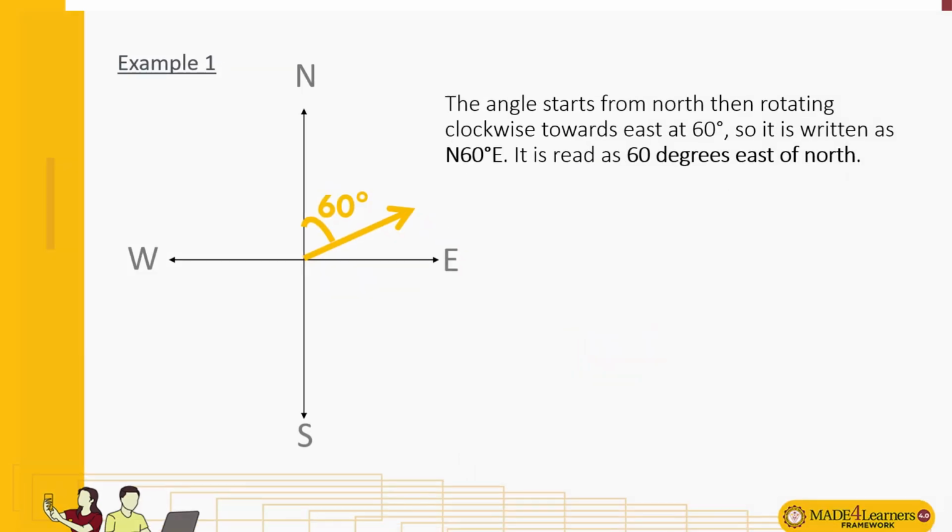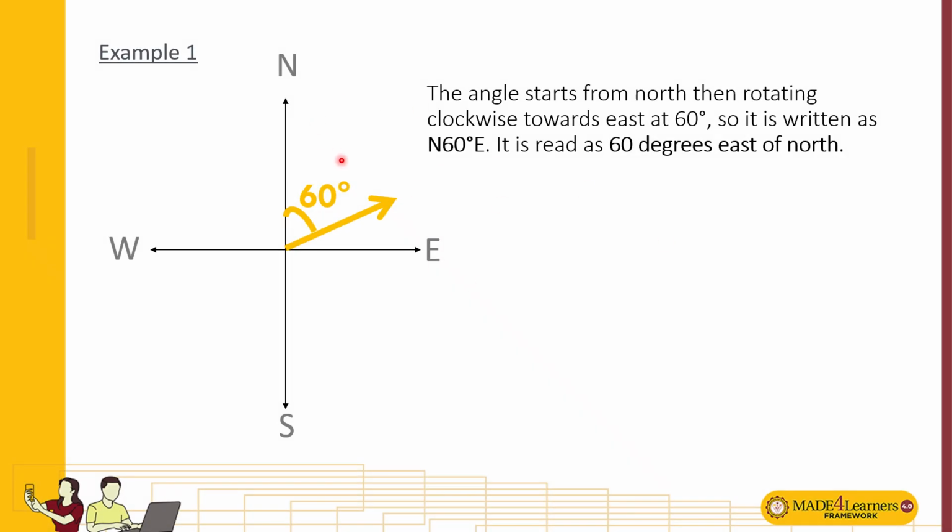So for example, if the angle is measured 60 degrees from north going towards the eastern direction, we write the letter N first, then the angle measurement, and E. We read it as 60 degrees east of north. We start with the north direction going eastward.